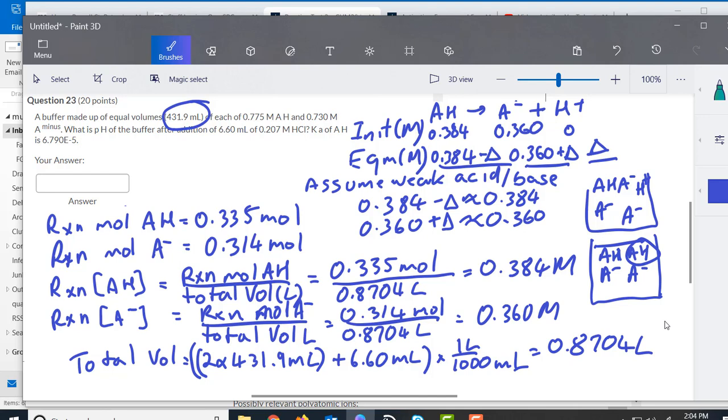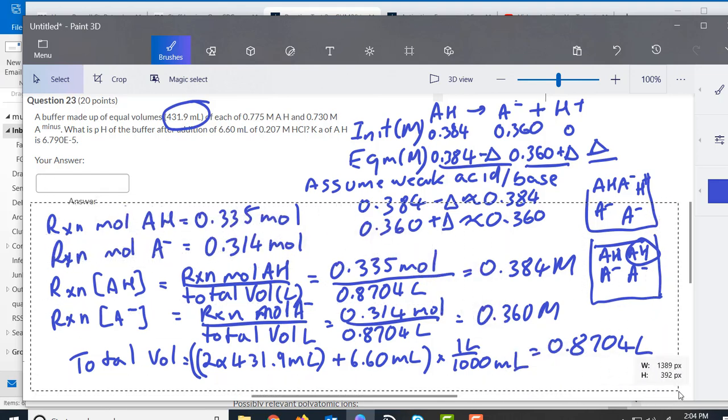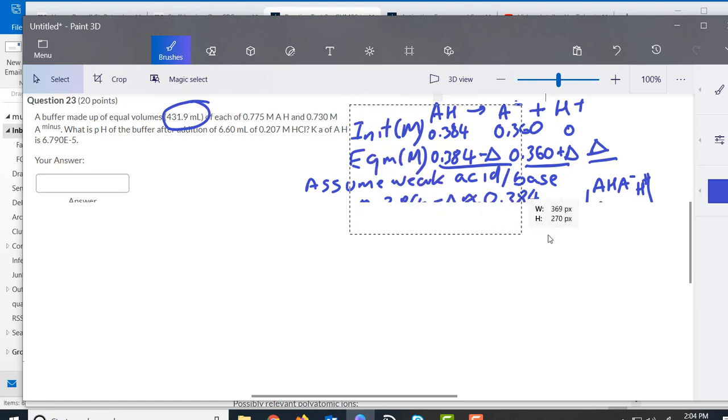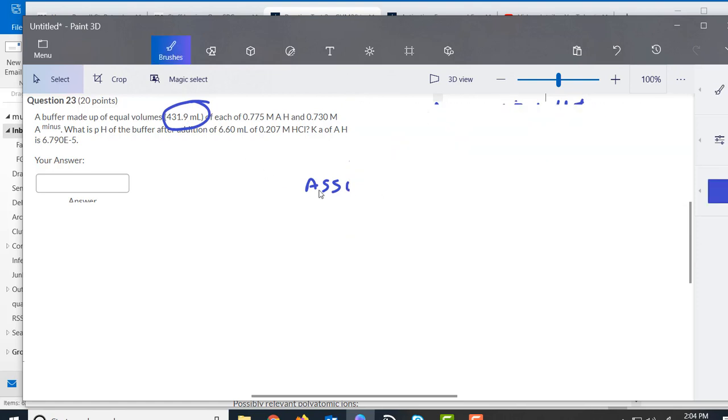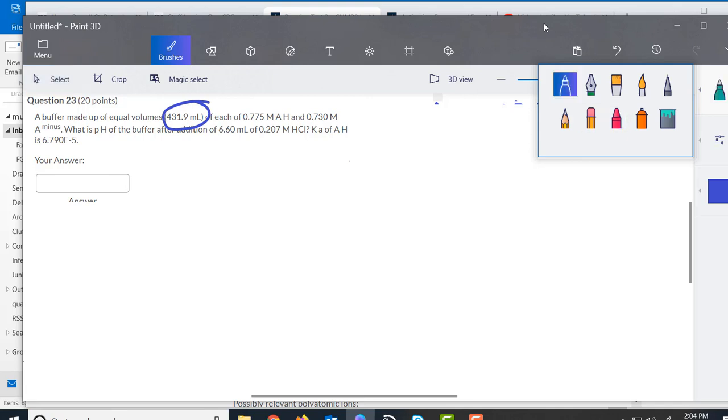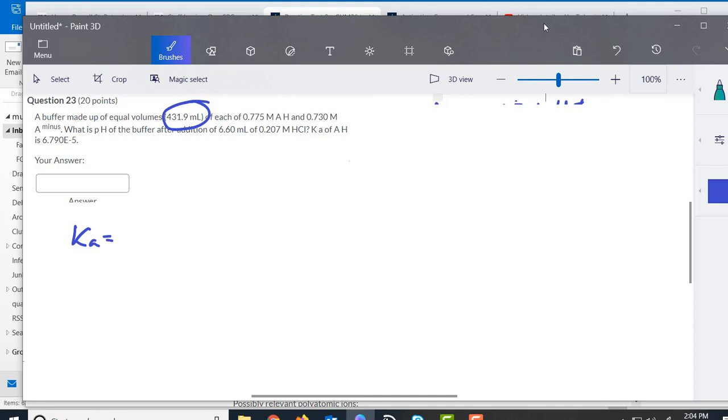So what I'm going to do is, I've run out of room here, so I'm going to get rid of this, and I will rewrite the thing that we have here. So what we have at this point is this situation, where we had the reaction, I'll rewrite the reaction up here.